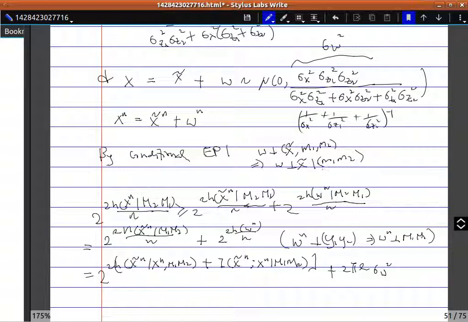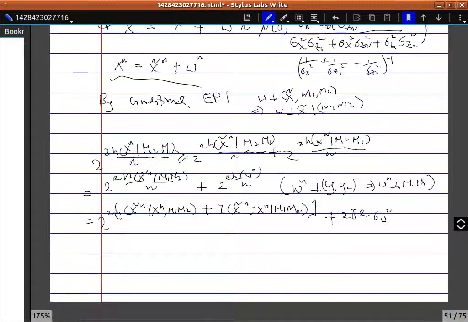So with that, we can use the conditional entropy power inequality again, and we can bound this term here. So we can just put it back into that, and then we have this bigger or equal to this and this. And for the second term, again, w is independent of m1 and m2, as we already mentioned here.